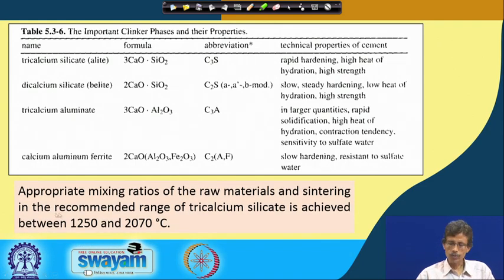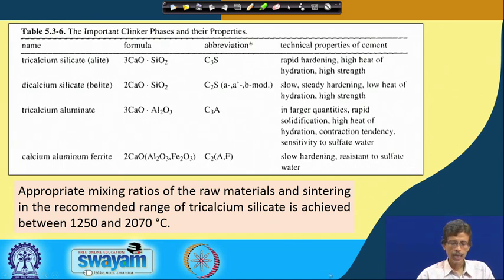So what do you get? You get the appropriate mixing ratios of the raw materials, and sintering within the recommended range gives tricalcium silicate. If you take the tricalcium silicate, the corresponding heating and then sintering is where everything is lost: the gaseous material, the moisture.